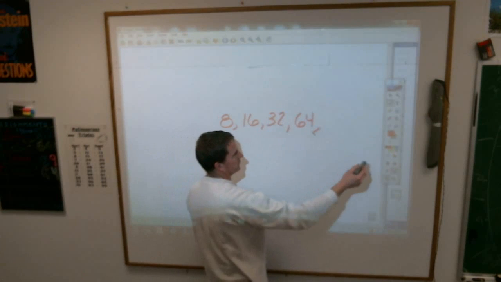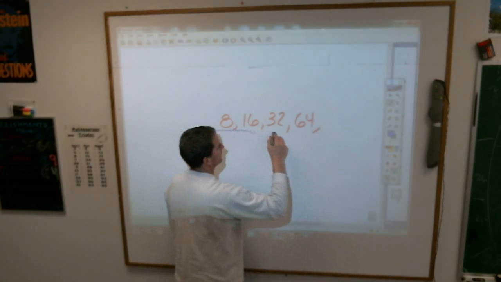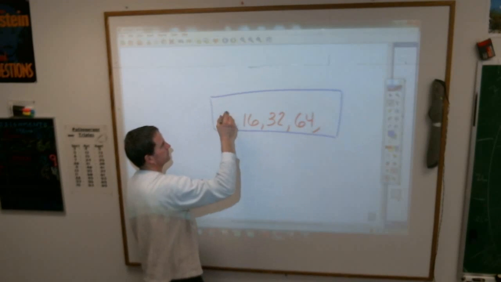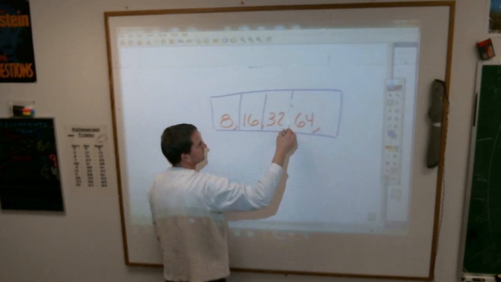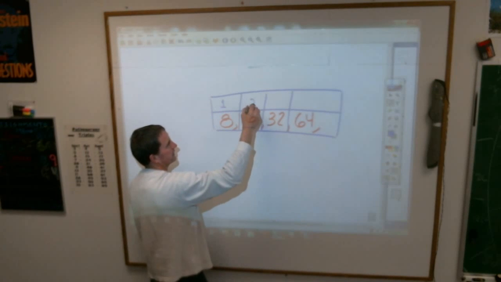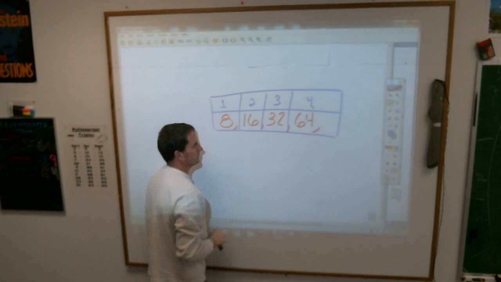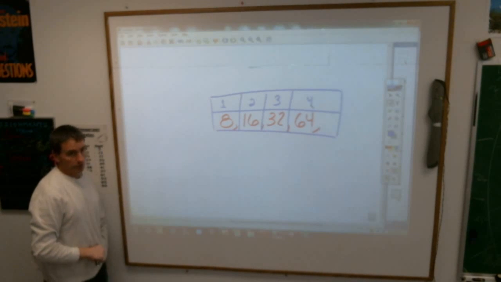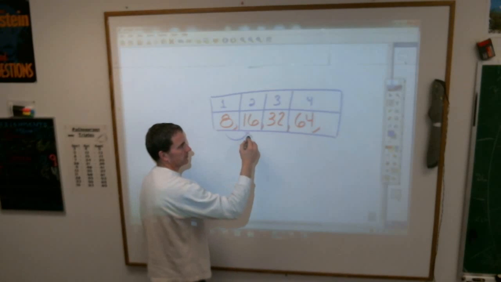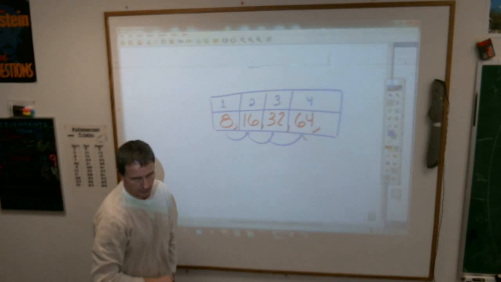Well, the first thing you're going to do is make a box out of it, just so you can see it, so you can number your terms. First term is an 8, second term is a 16, third term is a 32, fourth term is a 64. The next thing you're going to do is figure out what you are doing between terms. I'll walk you through this.